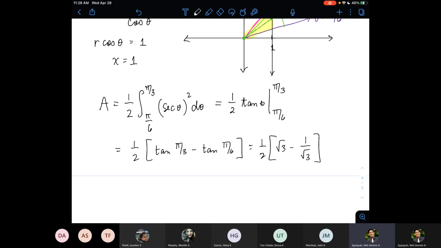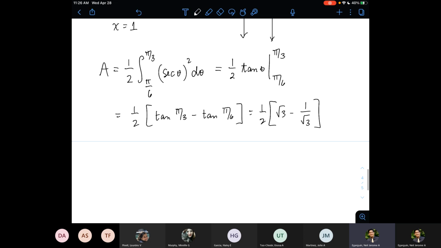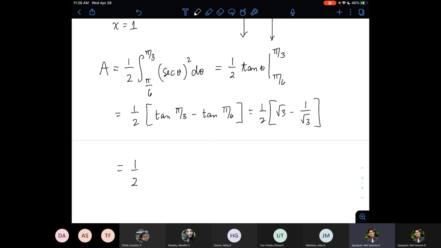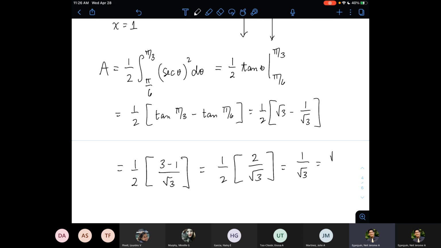Is that correct? Kindly double check my trigonometric values here. I guess that's right. So if I simplify, this would be just 1/2. I'll have 3 minus 1 over root 3. So this will be 1 over 2, 2 over root 3. So this will be 1 over root 3 or root 3 over 3, right?